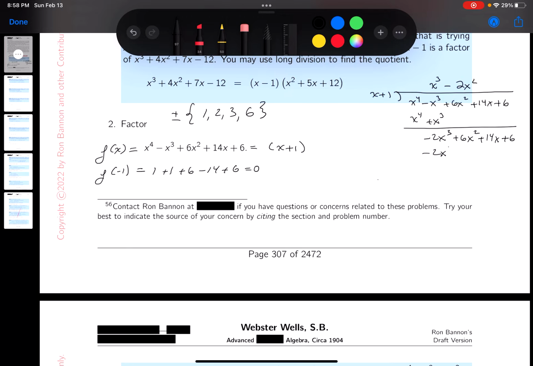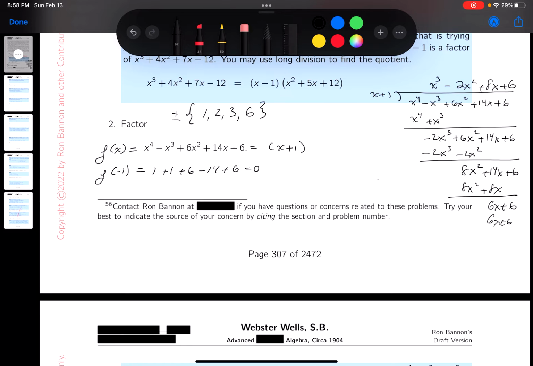Minus 2x cubed minus 2x squared. Subtract. And now what do you do? Plus 8x. What do you get there? 6x plus 6. Plus 6 now, which would give you 6x plus 6.